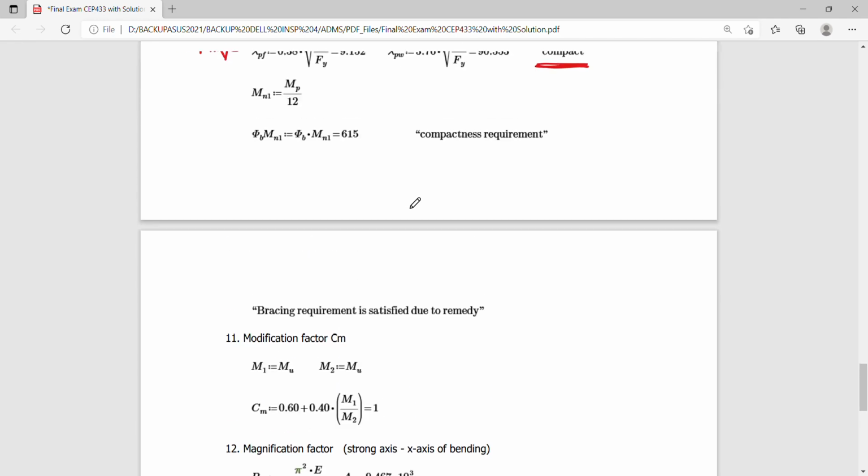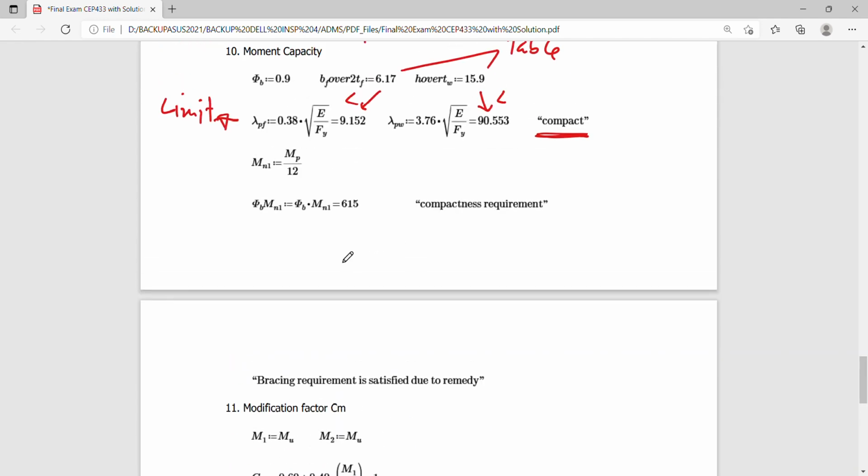So we can take now the moment capacity phi b Mn simply equivalent to phi b times Mn1, where Mn1 is simply the plastic moment, which is in terms of the unit kip-foot. I divided by 12 to maintain the unit in kip-foot. So my moment capacity now is simply 615 kip-foot.